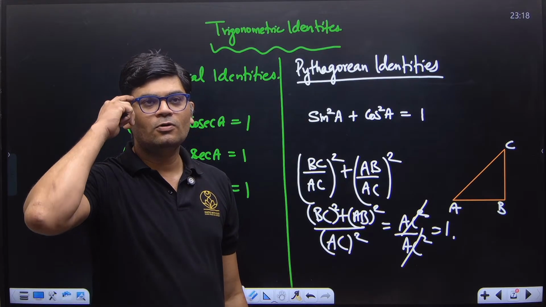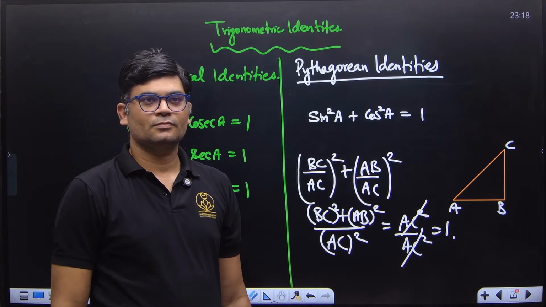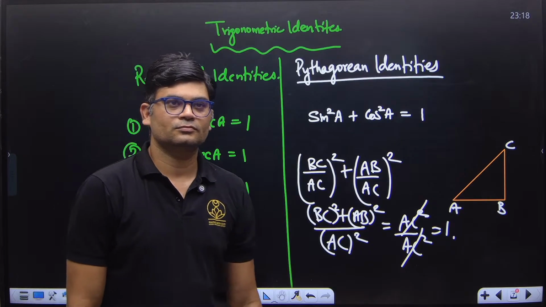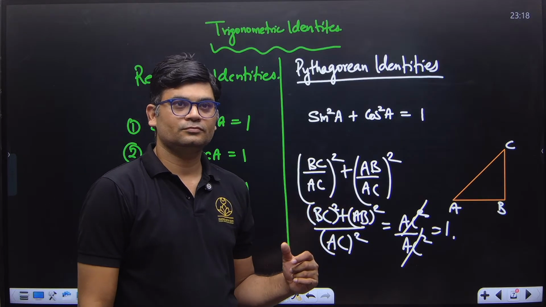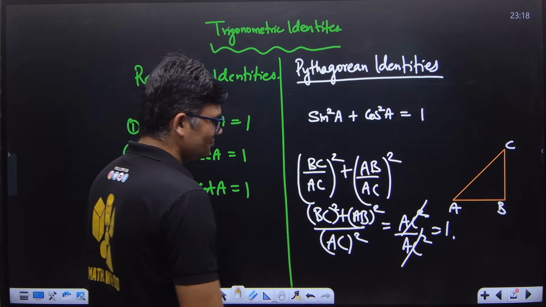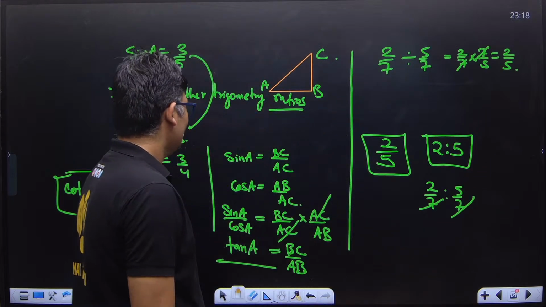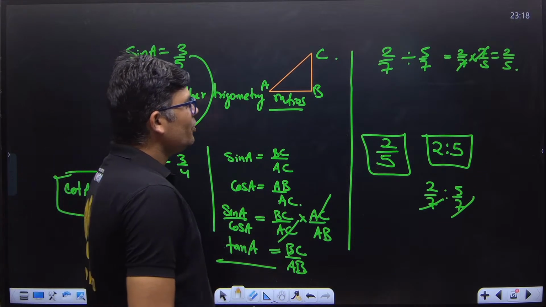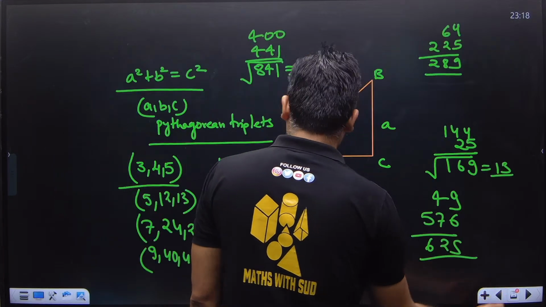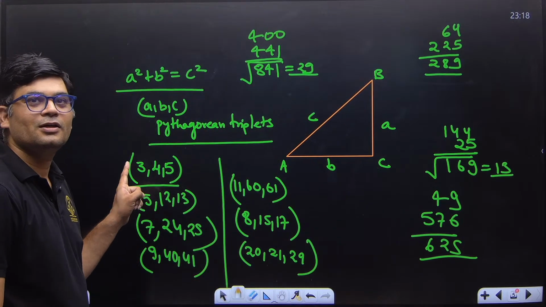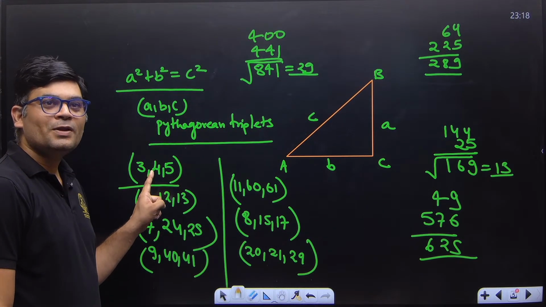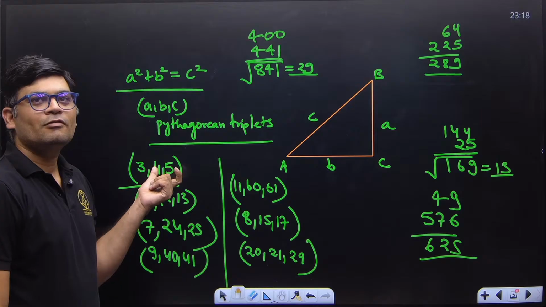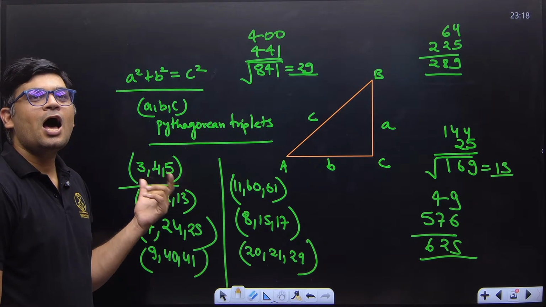Tell me what's your doubt? How? Okay, you tell me, 3 square plus 4 square is how much? 5 square. How is it 5 square?